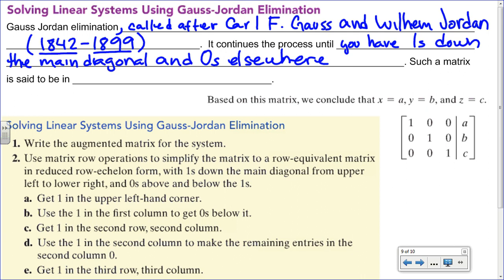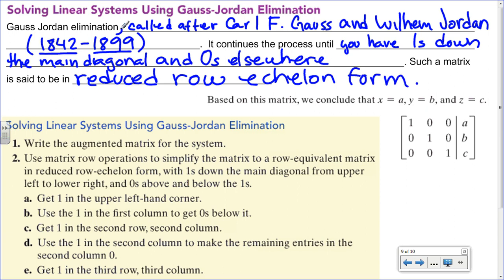Such a matrix is said to be in reduced row echelon form. On the calculator, that will be the one with the double R, RREF. The word echelon comes from a Greek word that refers to the stair pattern.